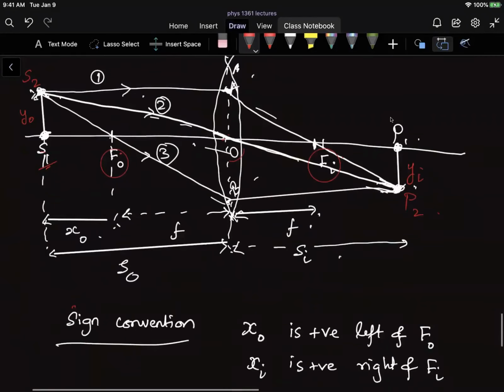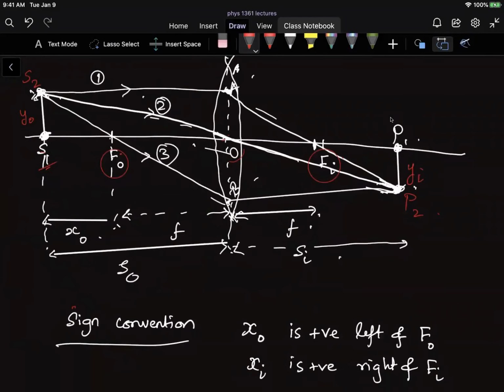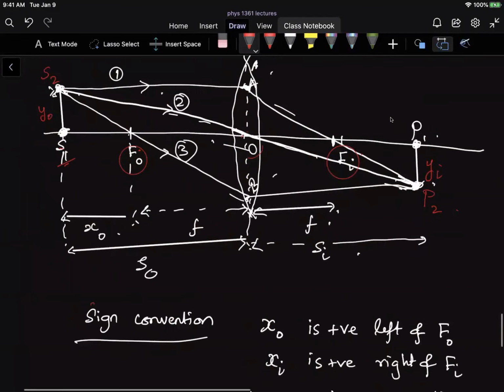Okay, so now let's look at the triangle AOFI. That is this triangle, and maybe I choose a slightly different color.